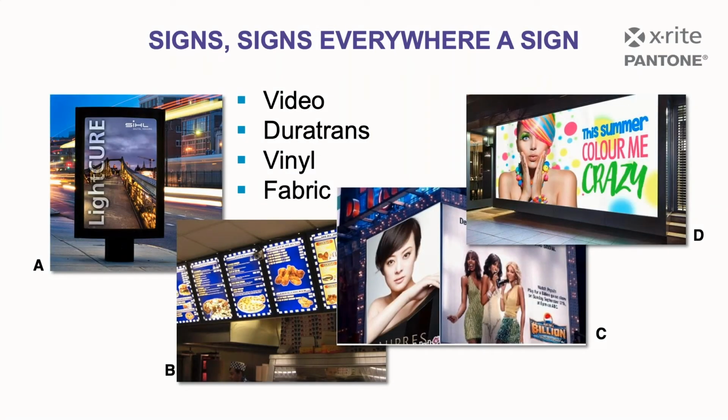So just in backlit signage alone, I'm looking here and I'm going, this is a test I often do. Which one of these is a video? Which ones are Duratrans? Which ones are vinyl? Which ones are fabric? Right there, I look at this and I go, I don't know. Well, I do know, but the answer here, first of all, is that I cheated.